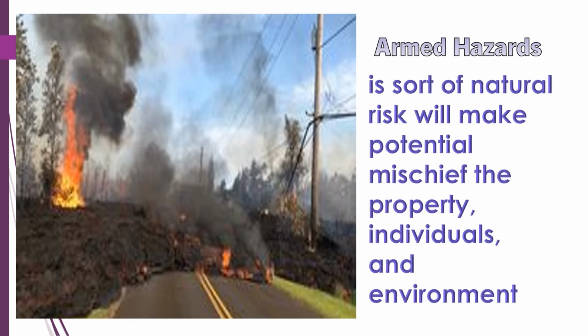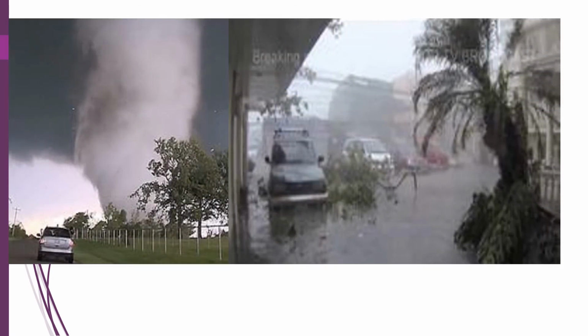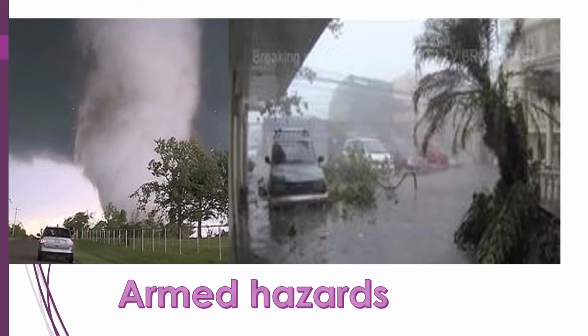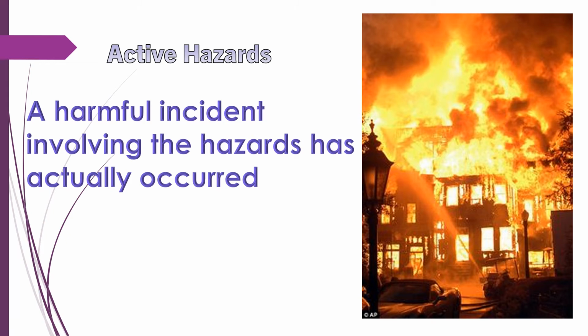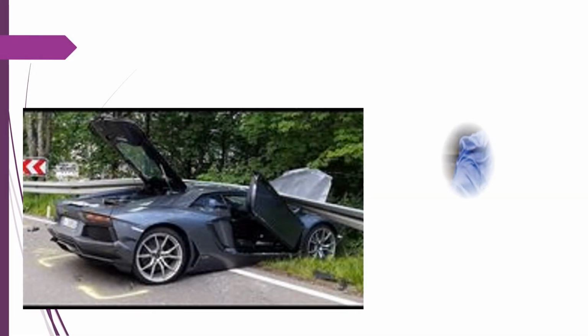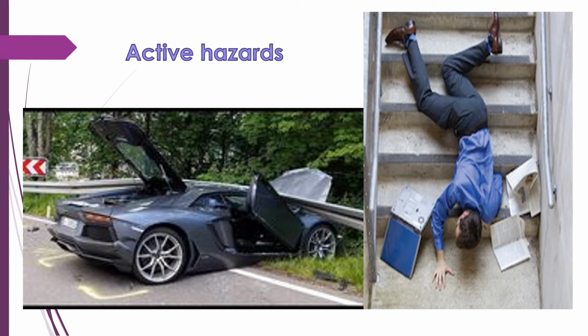Armed hazards are a sort of natural risk that will make potential mischief to property, individuals, and the environment. Typhoon and tornado are examples of an armed hazard. This feature of a building on fire is an example of an active hazard. A harmful incident involving the hazard has actually occurred. Car accident and emergency is an example of an active hazard.